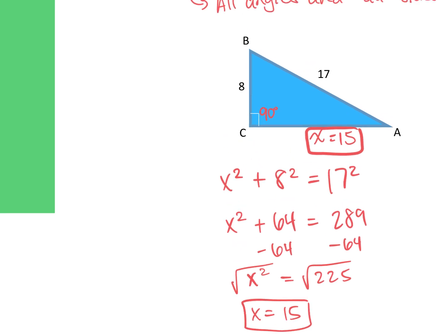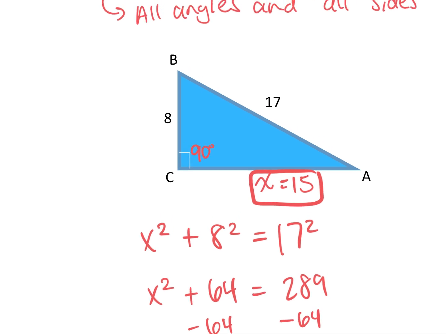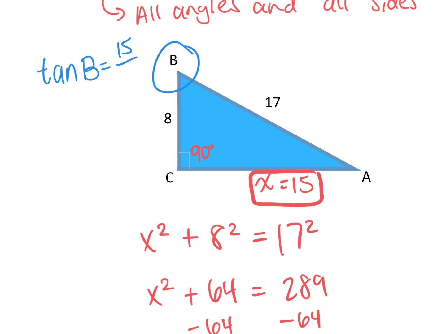Okay. So now we have to figure out the angles, correct? Pick one. Which one do you want to start with? B? Okay, start with B. The tangent of B would be what? 15 over 8.